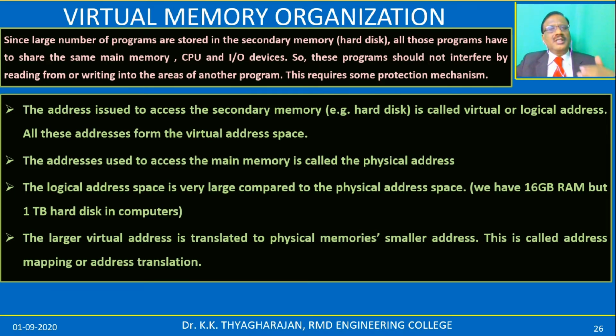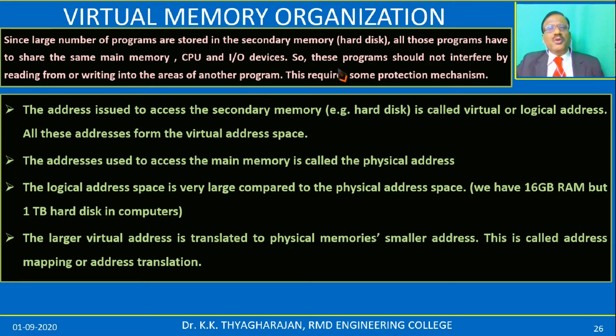Sometimes 2 or 3 programs will be simultaneously loaded into the main memory, and the CPU will execute them one by one. In all these cases, the main memory is shared by many programs. Similarly, these programs also share the CPU and I/O devices.